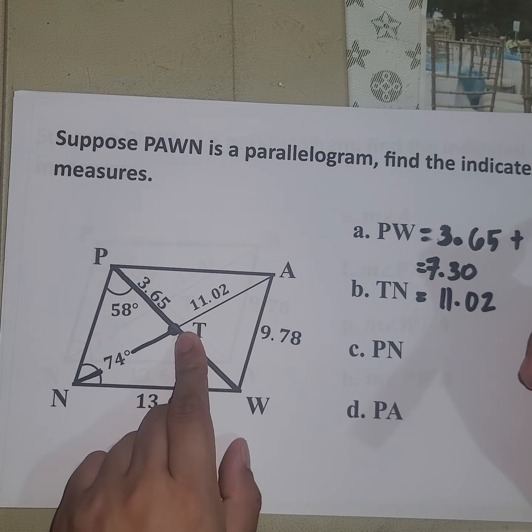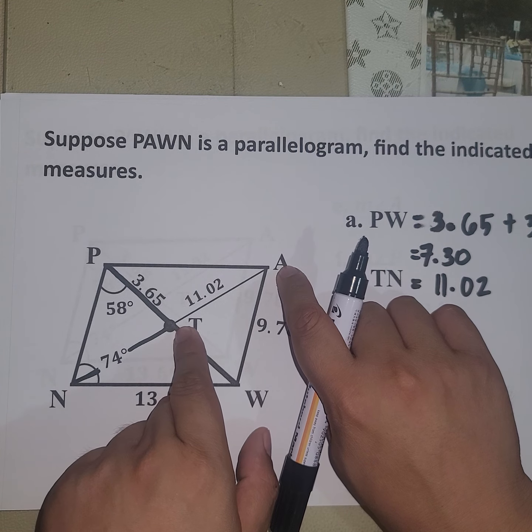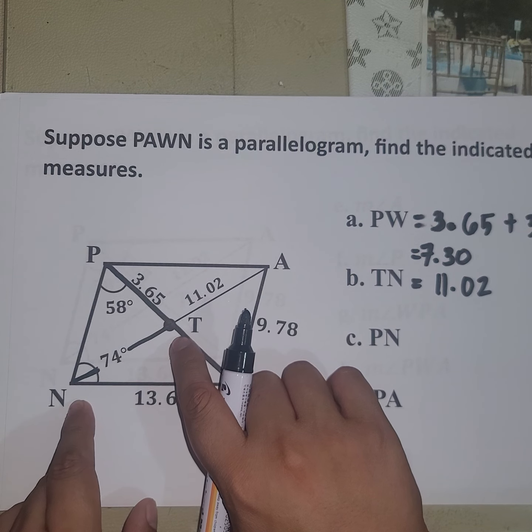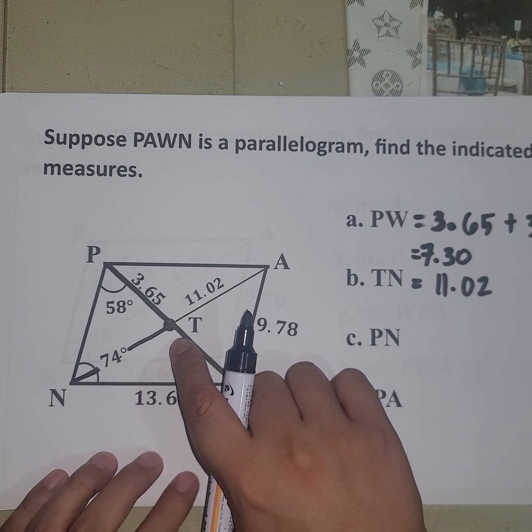So, ano yung dalawang equal parts na yun? AT and TN. Kung ang AT is 11.02, TN is also 11.02. So by theorem number 4, diagonals bisect each other in a parallelogram.